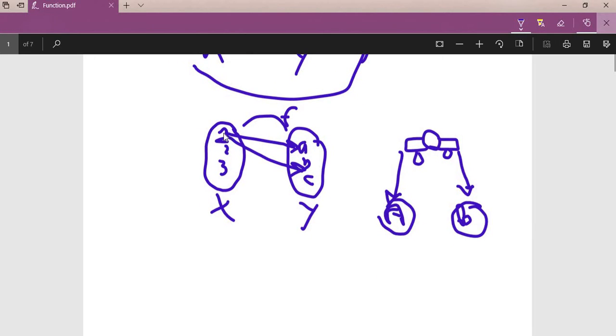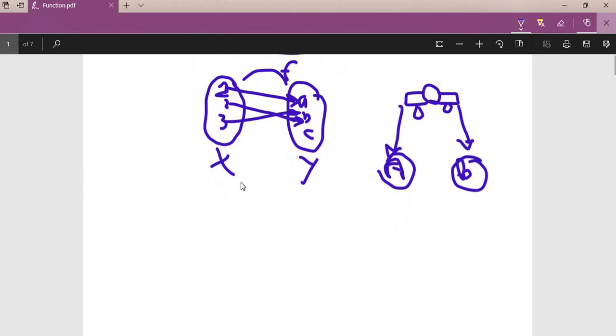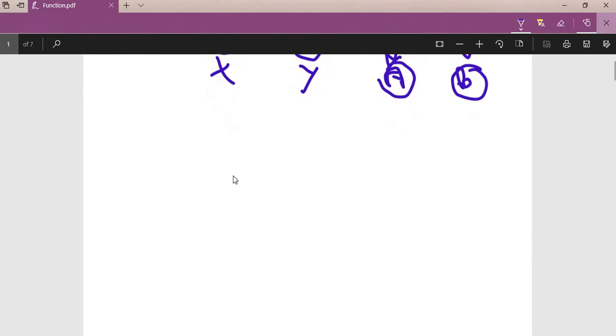That is why if the image of 1 is A, then we can't say that the image of 1 could be B. We can do it as: if the image of 1 is A, then the image of 3 could be B, and the image of 2 could also be B.